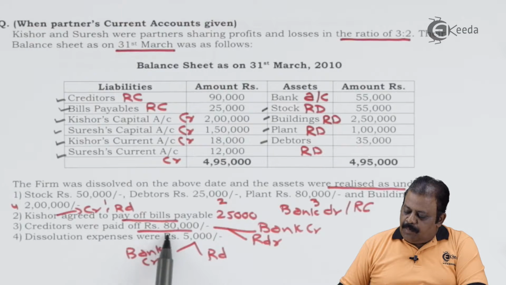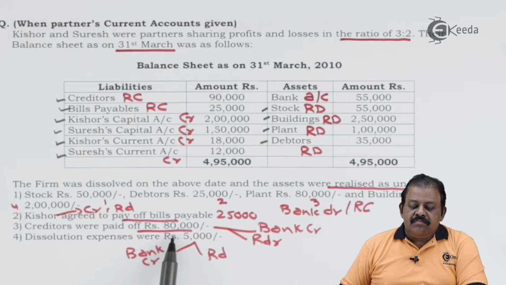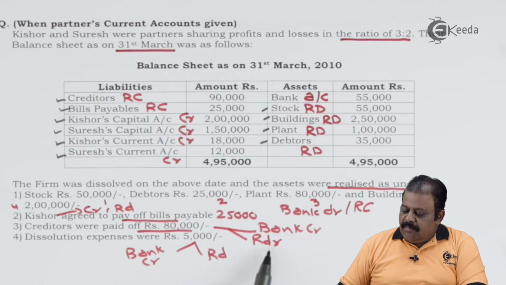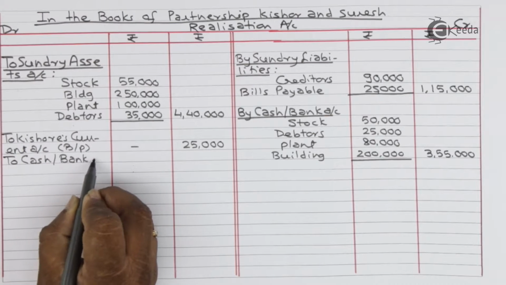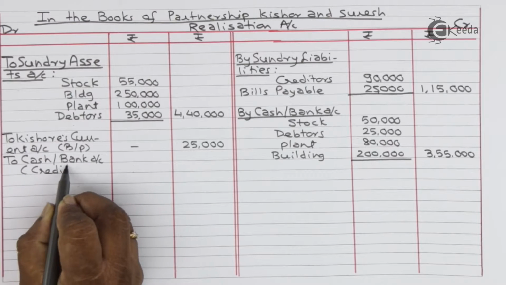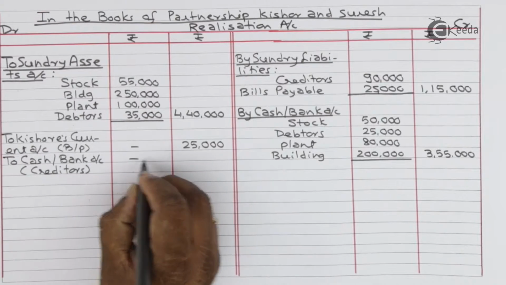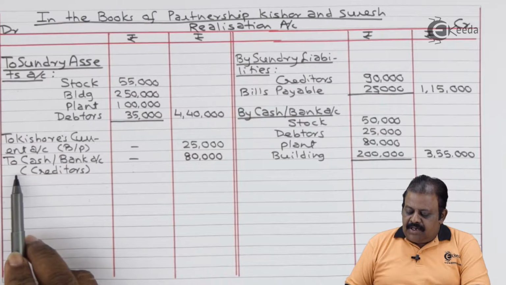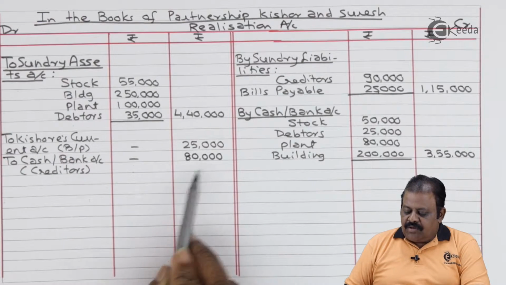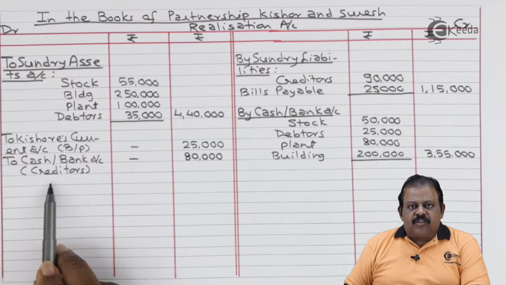Creditors were paid off rupees 80,000. Cash account will be credited, realization account will be debited. Realization account debit to cash bank 80,000 for creditors paid.